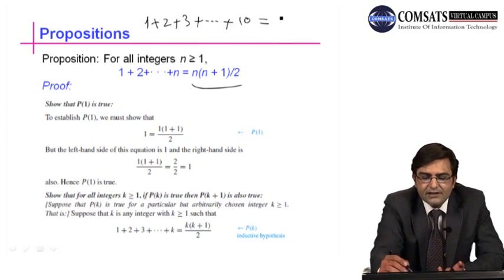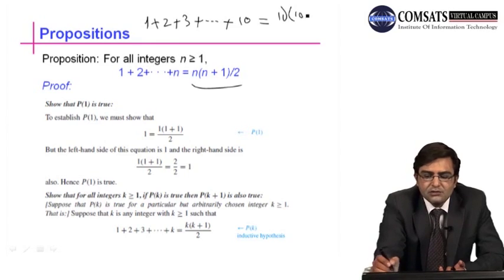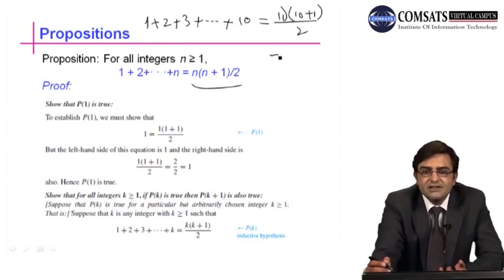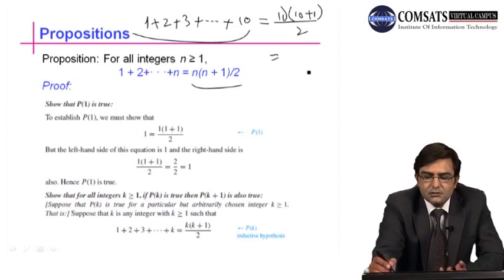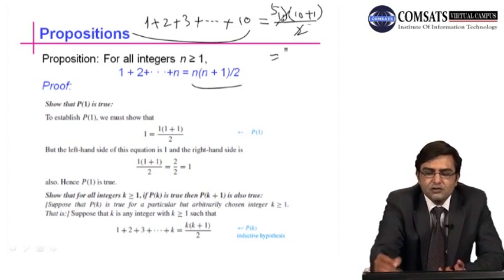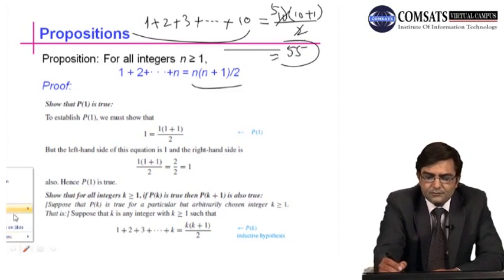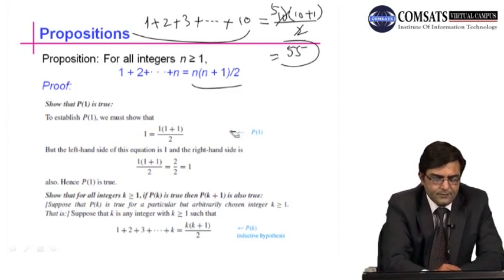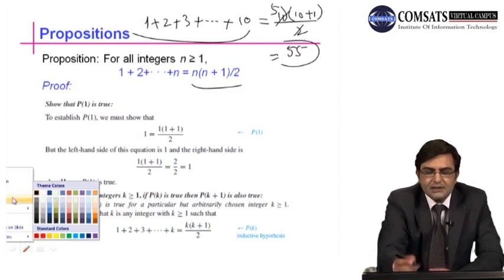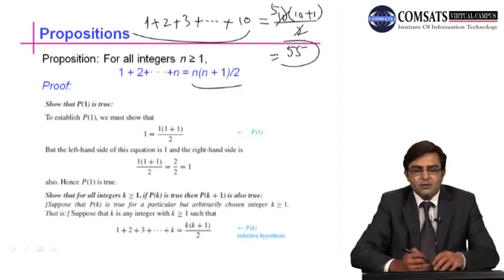Here we have n equal to 10, then 10 into 10 plus 1 divided by 2. This will be the sum of all these integers. 10 halved is 5, and 11 fives are 55. So the sum of the first 10 integers is 55.